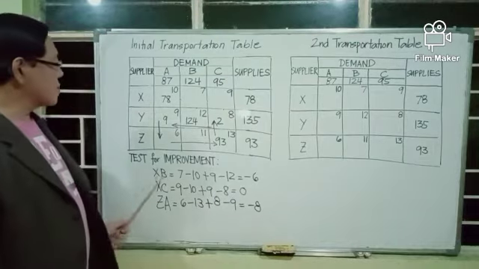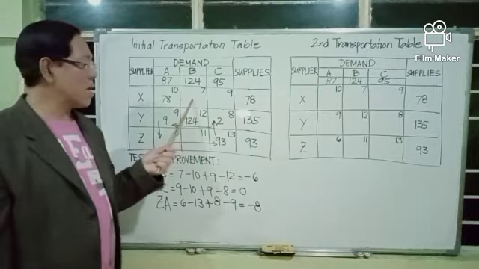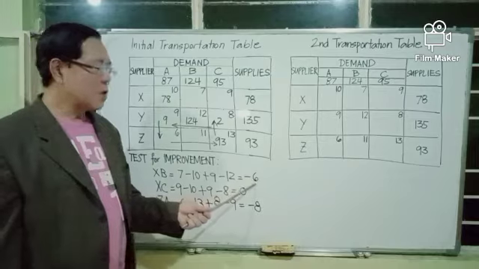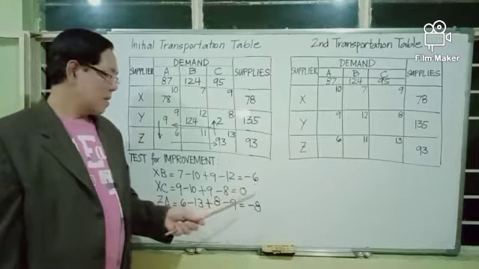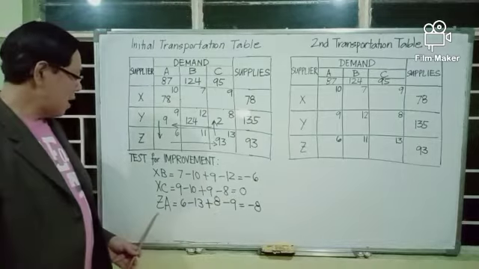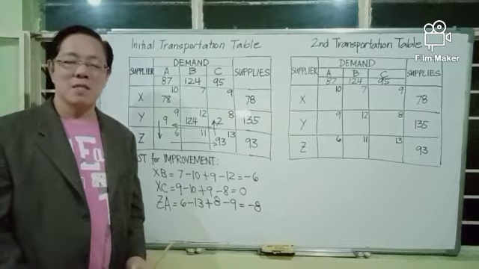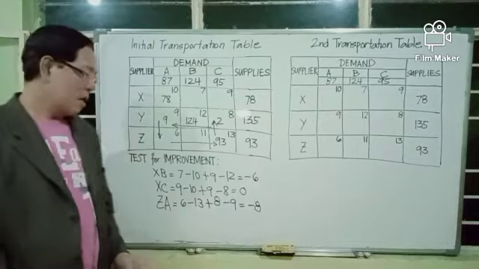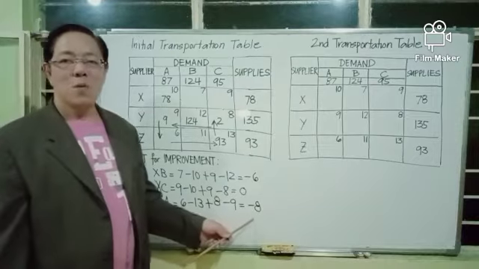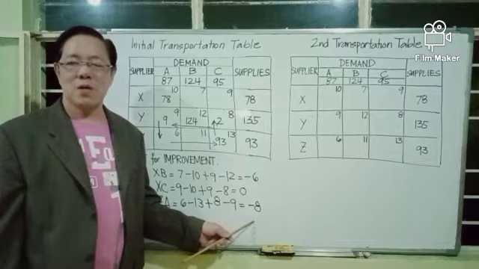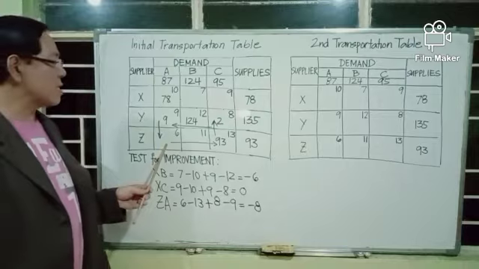In the vacant cell XB, if you transfer some units in this vacant cell XB, the total transportation cost will decrease by 6 pesos per unit. And that's good. But you will get a larger decrease in the total transportation cost if you transfer some units in the vacant cell ZA, where the decrease in the total transportation cost is 8 pesos per unit that you transfer to the vacant cell ZA.